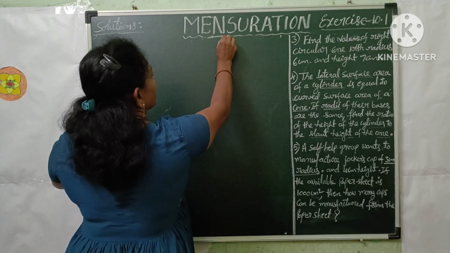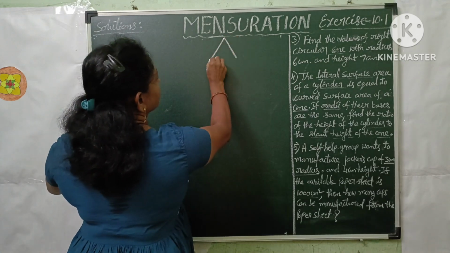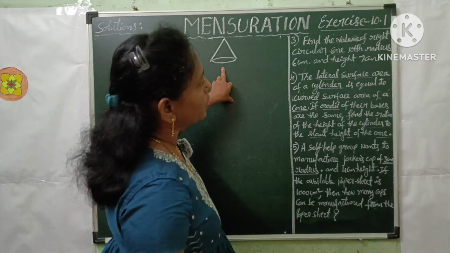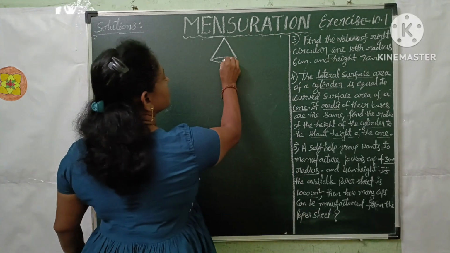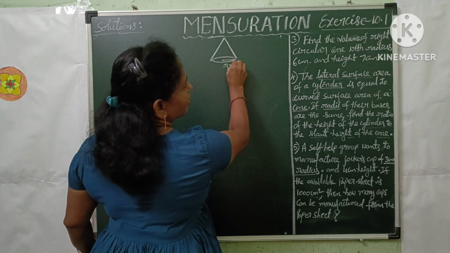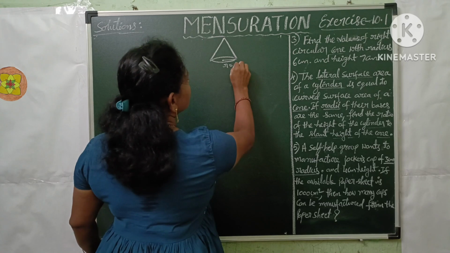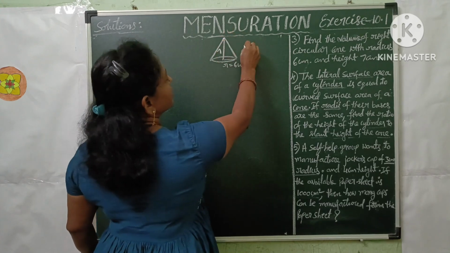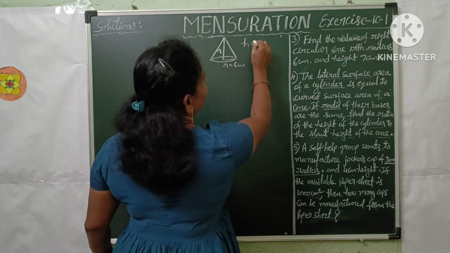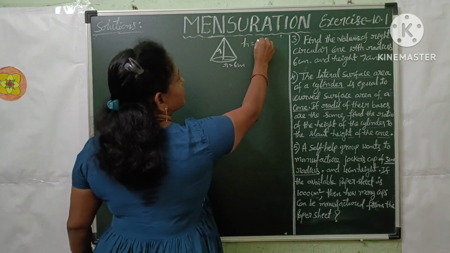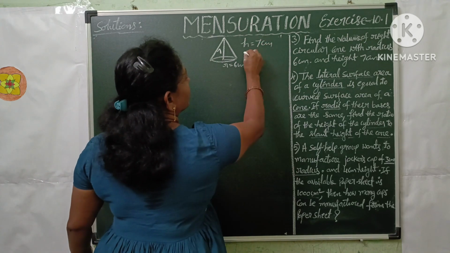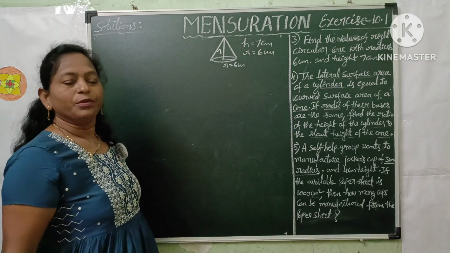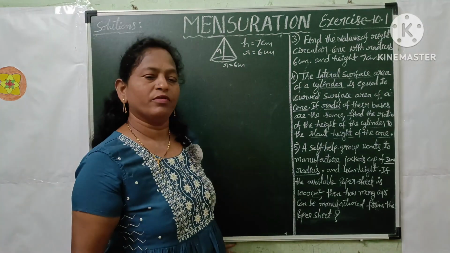So the volume of the cone: radius of the cone is r equal to 6 centimeters and height of the cone is 7 centimeters. Simply we are finding the volume of the cone.